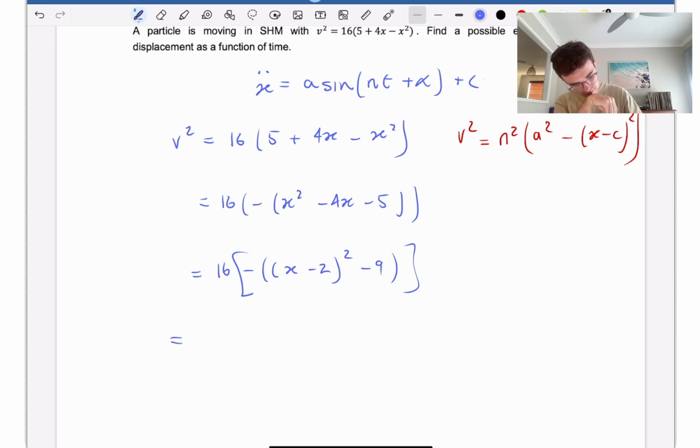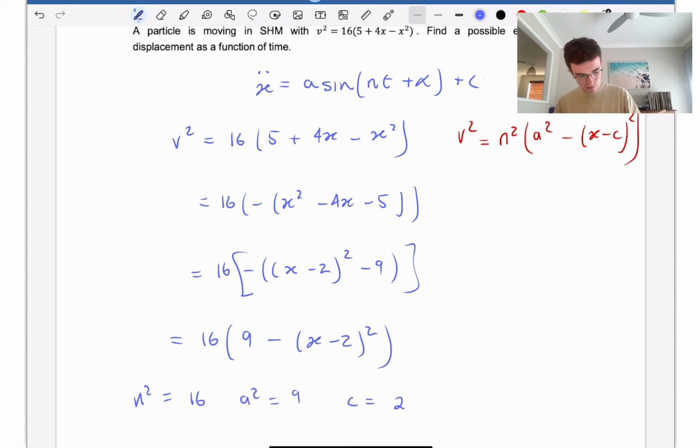Pull back through that negative, we're going to have 16 times 9 minus x minus 2 squared. Right, so there we go, n squared is equal to 16, a squared is equal to 9, and c is equal to 2.